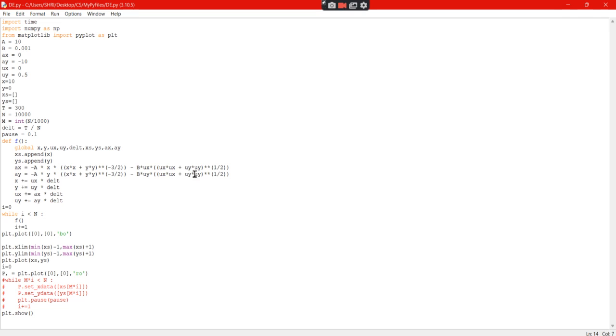And then using kind of a recursive process, I know this is not exactly recursive in programming terms, to solve this differential equation what I'm basically doing is at every step, I'm changing the ax, ay, the x, y, and ux, uy values depending on the previous information. That is what the differential equation basically tells us to do.